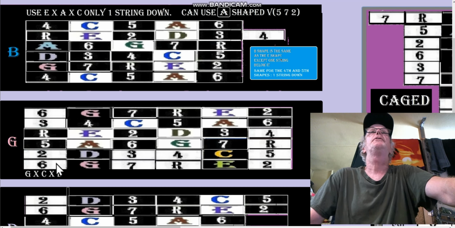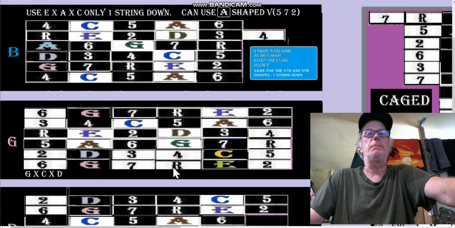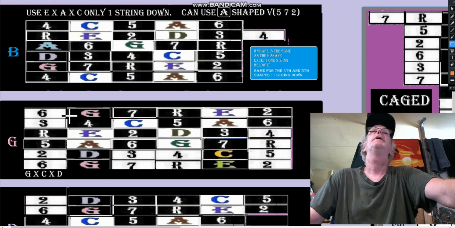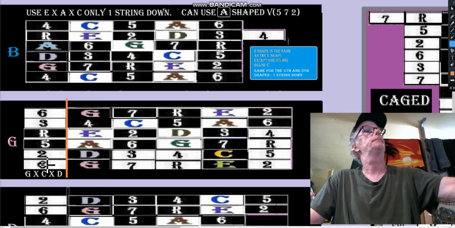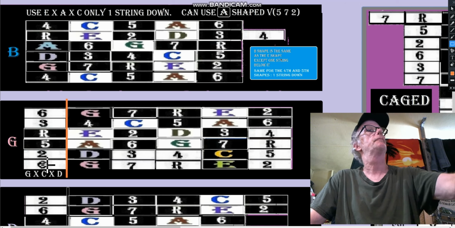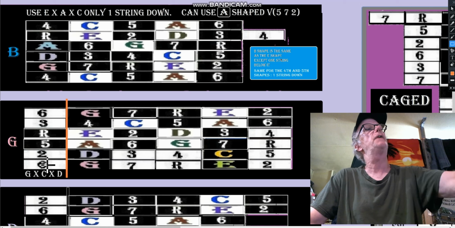So what we do is we start our regular G shape with G-shaped string shapes. The G is always going to be right there, 6, 7, root. Why? Because E is the 6th of G. One, 2, 3, 4, 5, 6.